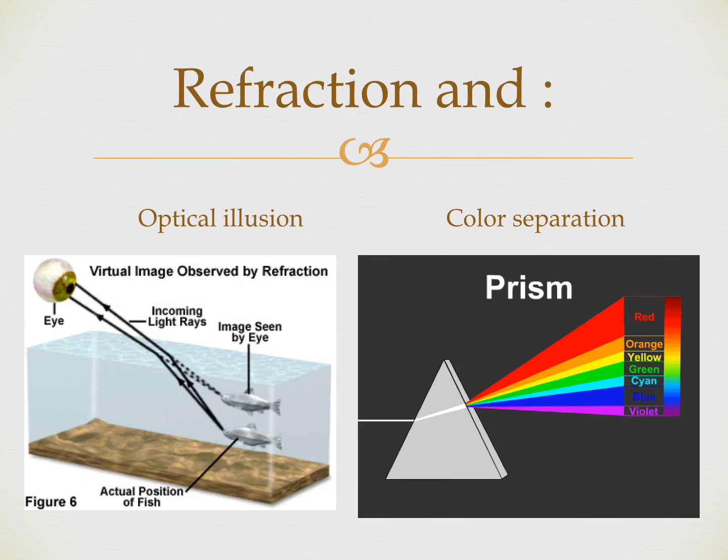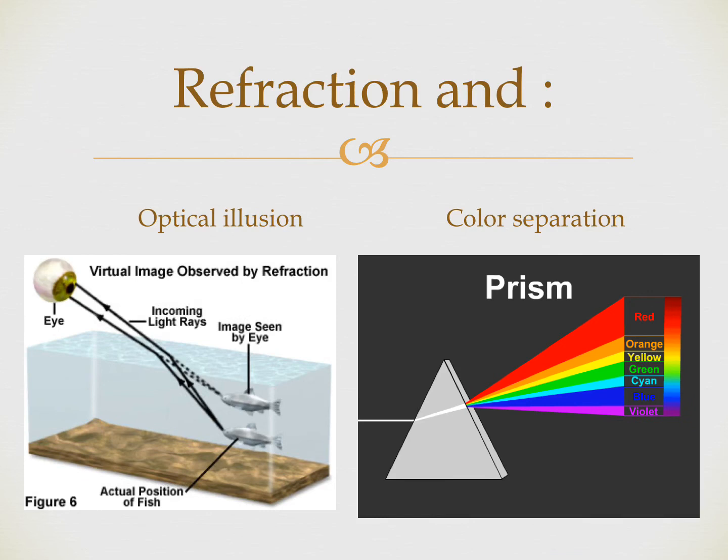Well, the amount of bending depends on its wavelength. Waves with short wavelength bend more than waves with long wavelength. And keep in mind that color separation by refraction is responsible for the formation of rainbows. How is a rainbow formed? Rainbows are created when sunlight is refracted by water droplets.